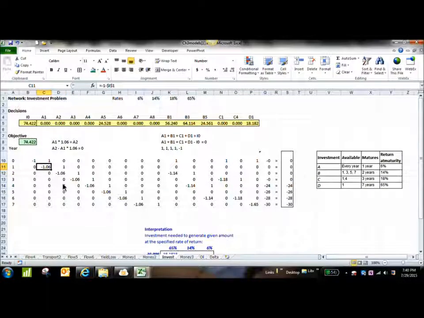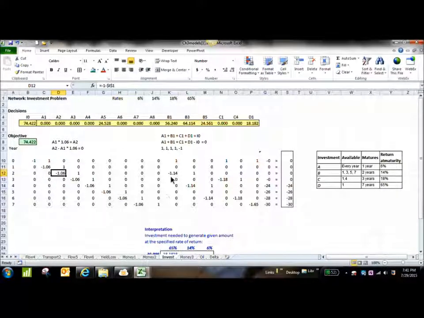Minus 1.06. Then this was A2 for year number 1. It was 1. Then it becomes 1.06. Then it continues this pattern, because there's a yield gain every year of 6% for this account A.